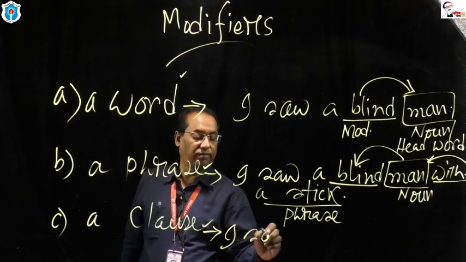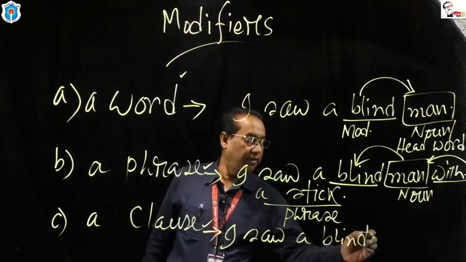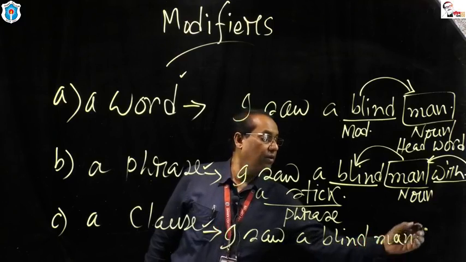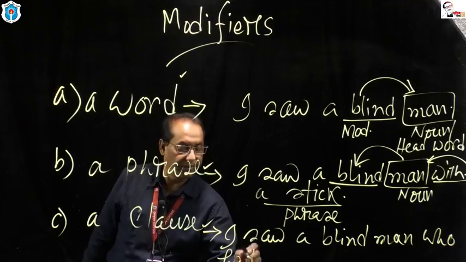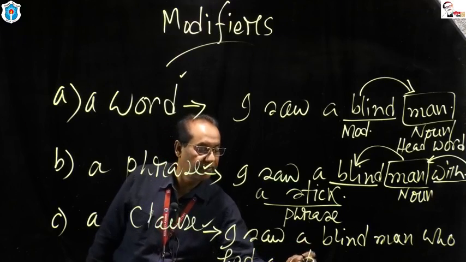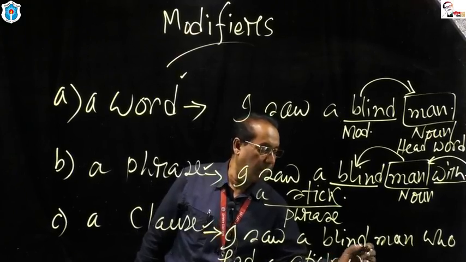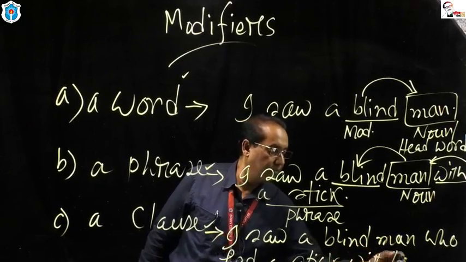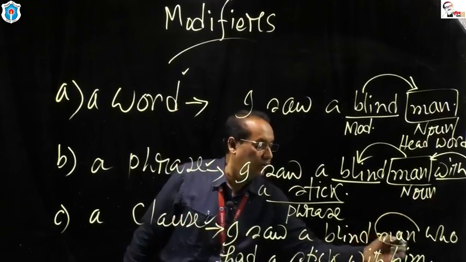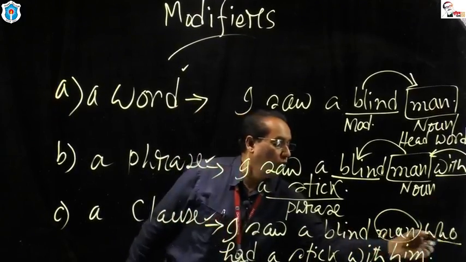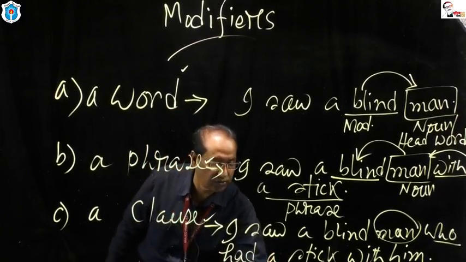I saw a blind man who had a stick. Who had a stick with him. Here, man is the head word or the noun. Who had a stick, this is a clause.